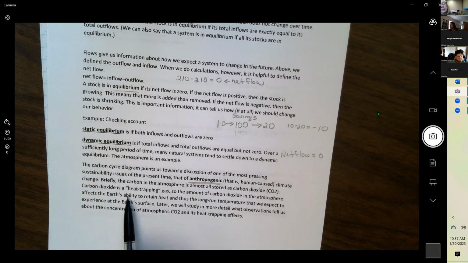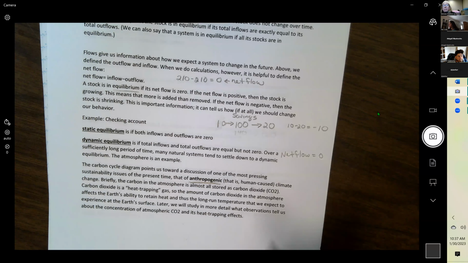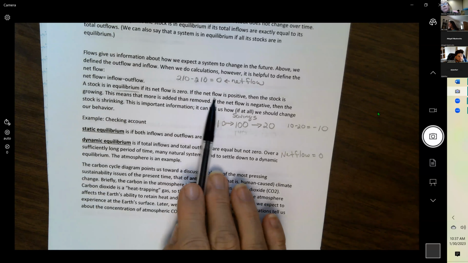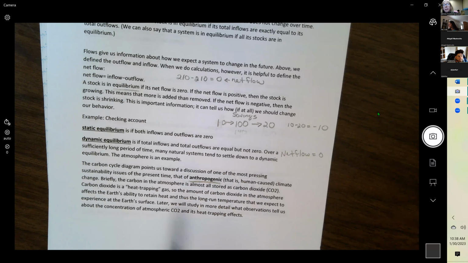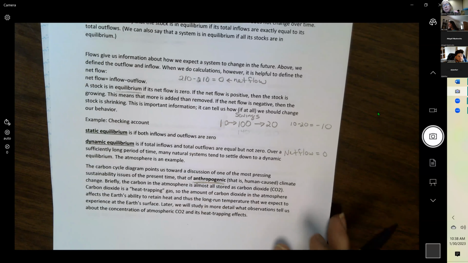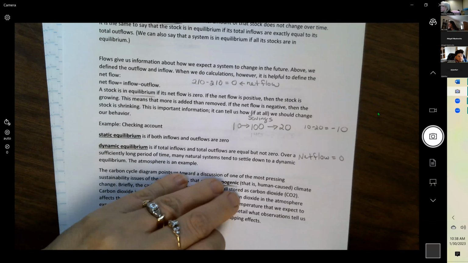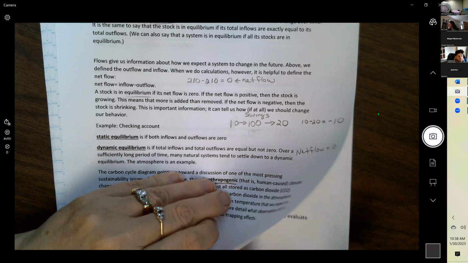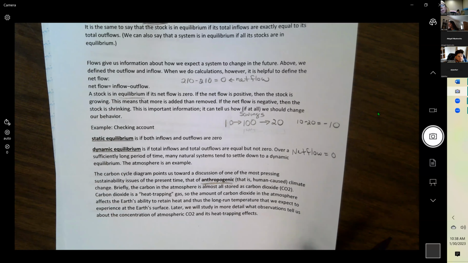Carbon dioxide is a heat trapping gas, and we know it's bad. So the more carbon dioxide that is brought in, if it's not taken out, then we could have a problem. So we need to try and keep the net flow at zero when it comes to carbon dioxide. Now, these man-made disasters, that's what you're going to have your project based on.